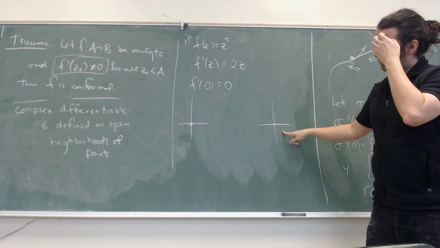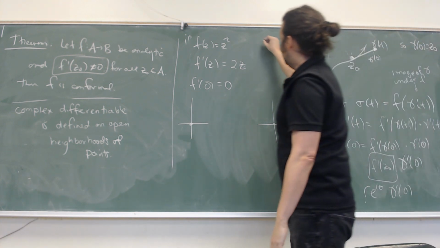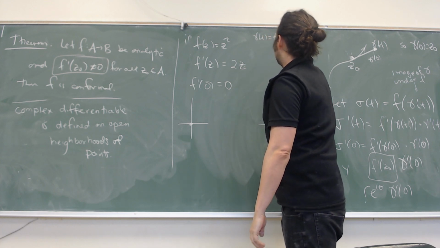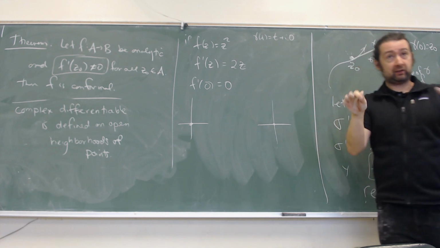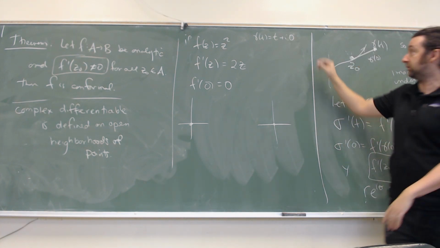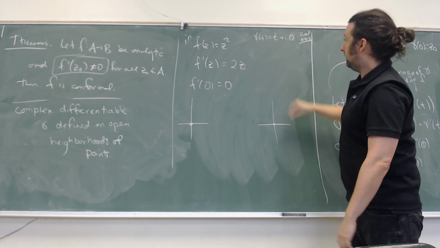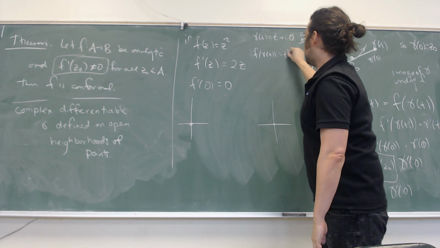What does f do to the real axis? Let's see. If our curve gamma of t is just equal to t plus i times 0, that's the x-axis through 0, 0. This is the real axis. Well, f of gamma of t is just t squared.